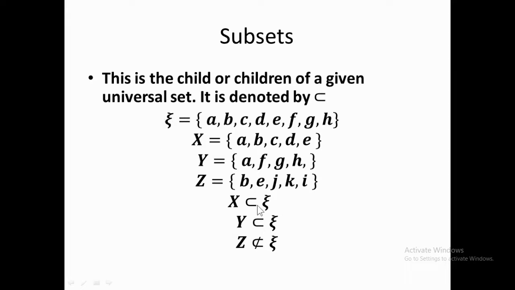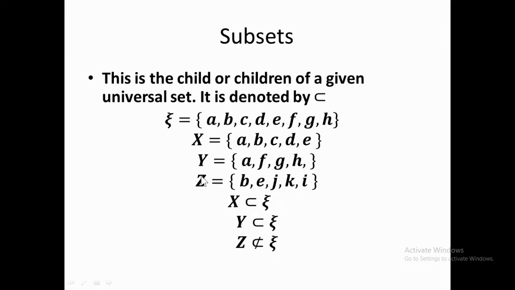And how do you write that? Set X is a subset of the universal set. Also look at set Y having elements A, F, G, H. You can see that all the elements here are also inside the universal set. So set Y is also a subset of the universal set.